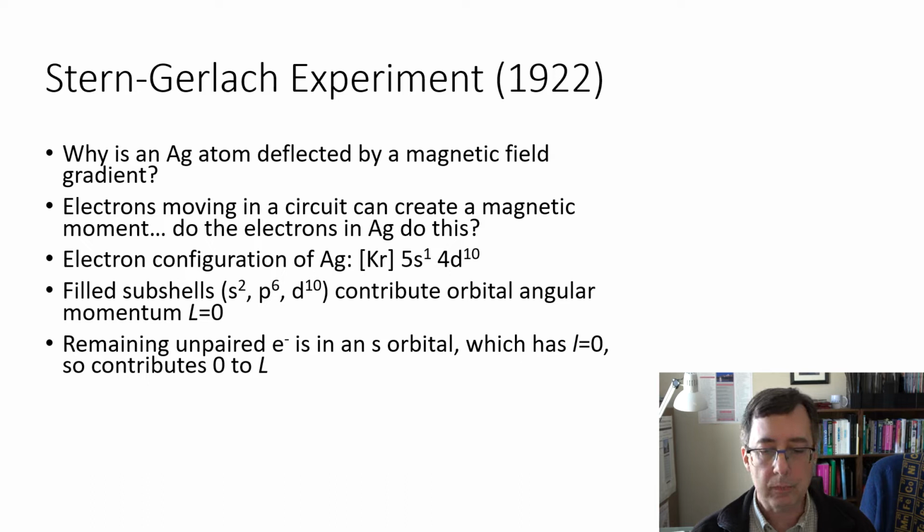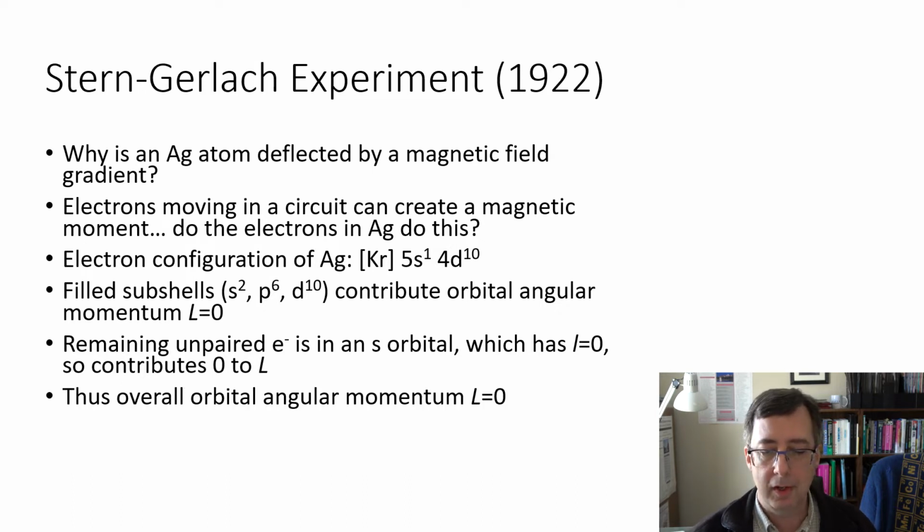And so we wouldn't expect any magnetic moment to occur because whatever circulation of electrons is happening, it's done in a symmetric, spherically symmetric way. And so any magnetic moment that would be created would be canceling itself as the electrons are all spherically symmetric.